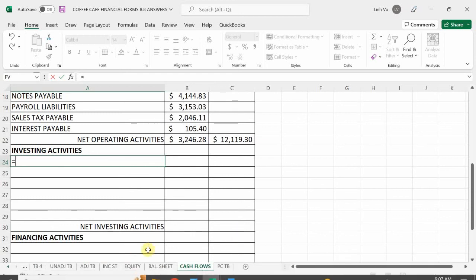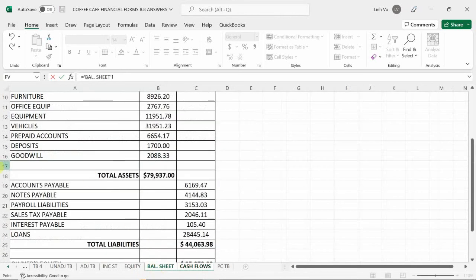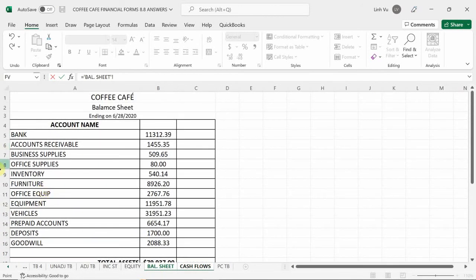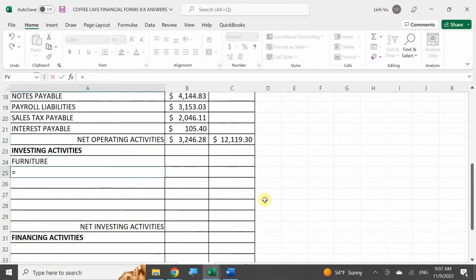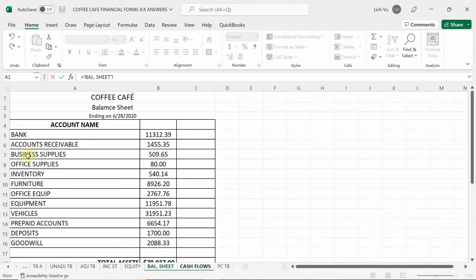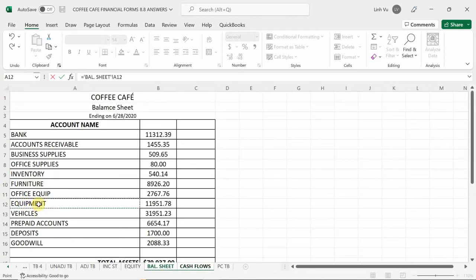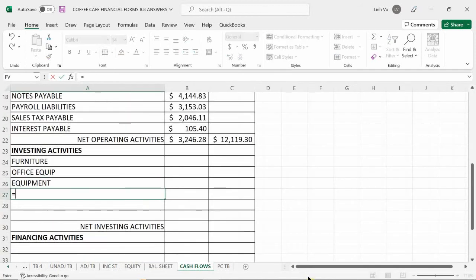So we're going to take a look at my balance sheet once again. What are my fixed assets here? You bought some furniture, you bought some office equipment, bought a vehicle. You bought your coffee brewers, which is your equipment, and you bought a vehicle.